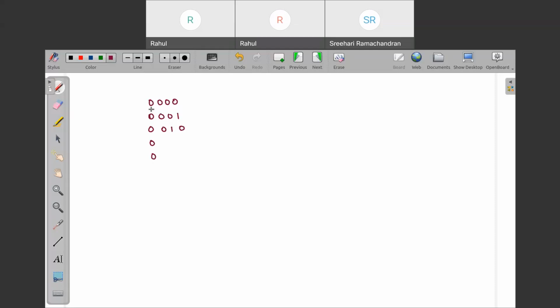So let me write it very quickly. 3, 4, 5, 6, 7, 8. 4, 5, 6, 7, 8. So understanding the circuit is very important, even if it is not going to be asked in your exam still.